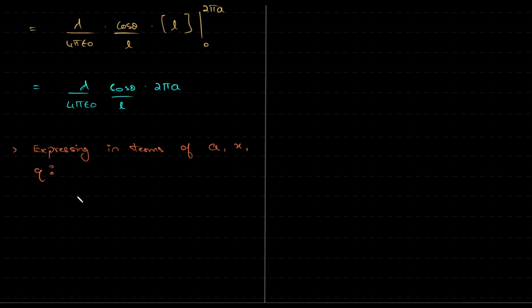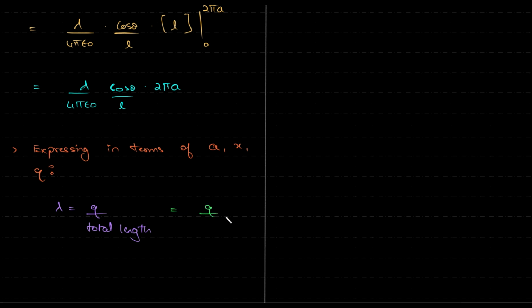Okay, guys. So first thing first, what can we do? I think we'll start off with lambda. Lambda is q by the entire length, the total length. Total length is what? Circumference, is it not?